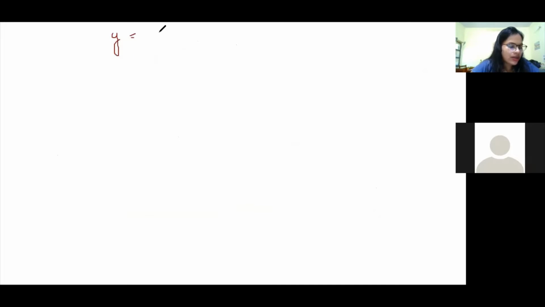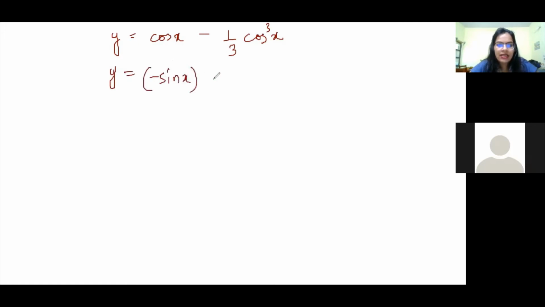The next question is y is equal to cos x minus 1 by 3 cos cube x. This type of question we have done, right? One question we have done. So the differentiation of cos x is what? It is minus sin x, right? Then minus 1 by 3. Here you have got the cube, so it will be 3 cos square x.